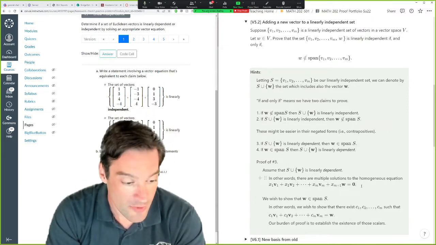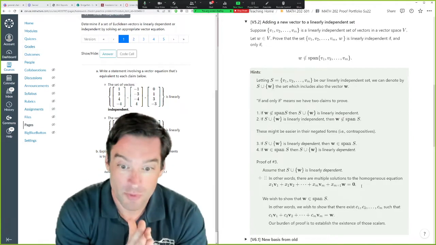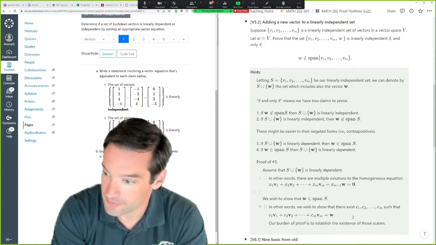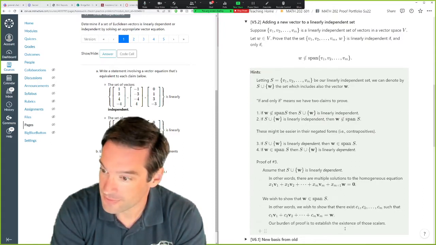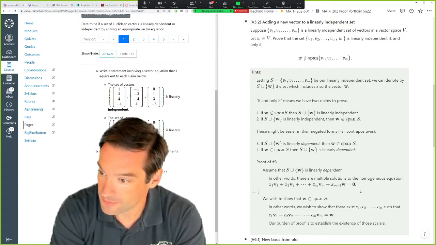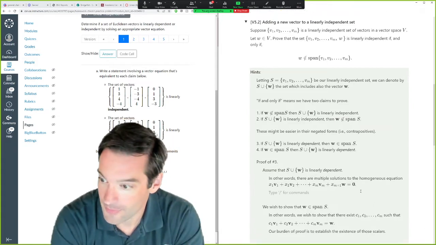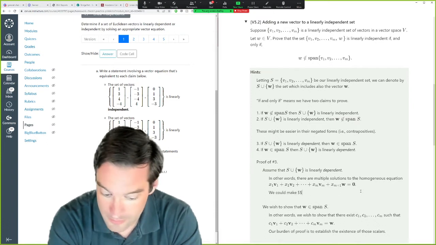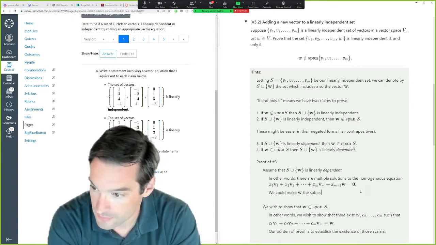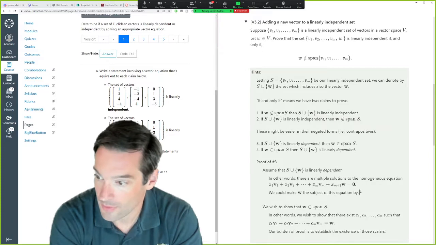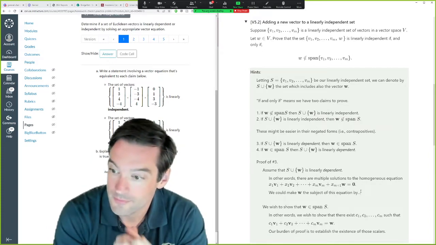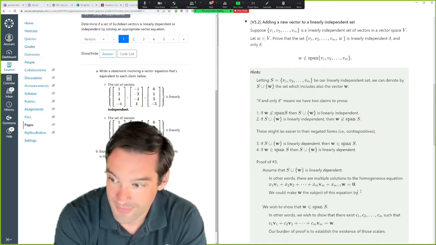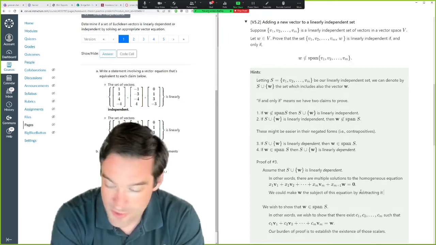So in the first version, because it's what we're assuming, what could we do to make W the subject of that equation? Could you move it to the other side? Yeah, subtracting it to the other side.